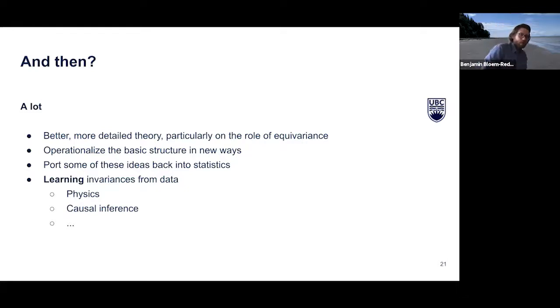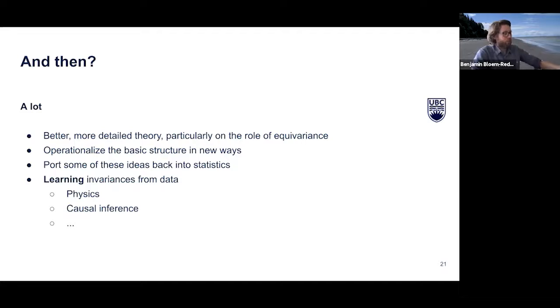And then finally, and I think this is what a lot of people are interested in, is learning invariances from data. Everything I talked about so far, we assume some invariances. We know something about the problem where we can assume these invariances.